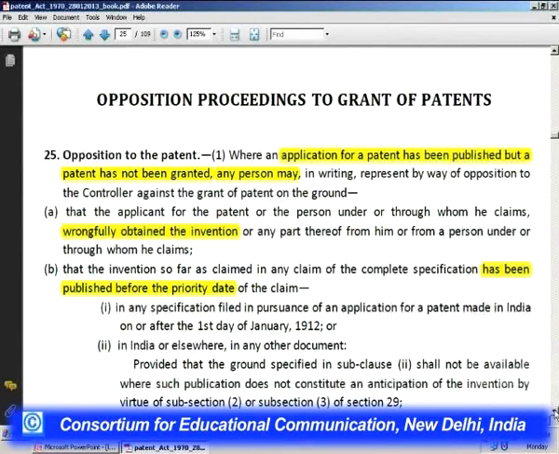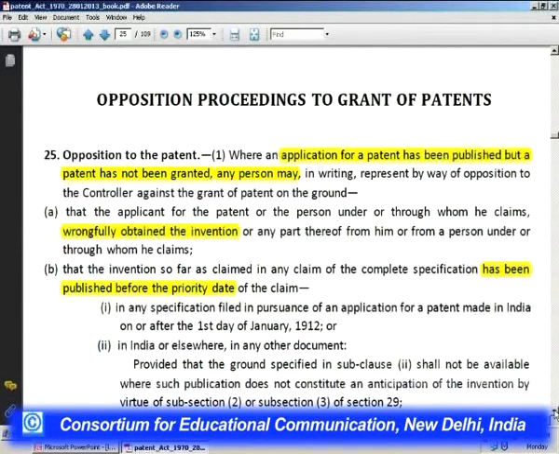Friends, if you remember the procedural aspects for obtaining the patent, I told you that the person applies for the patent protection, he requests for the examination of the patent application, and the patent controller publishes the patent application to let the stakeholders know that this kind of a patent application has been placed and put before the patent office for the grant or for the conferment of the patent.